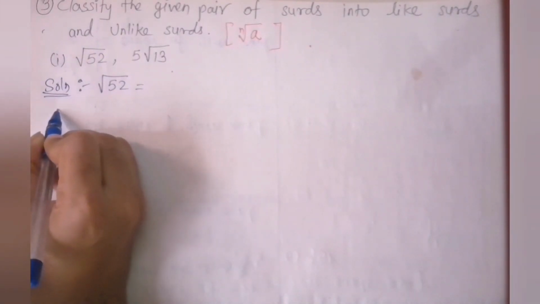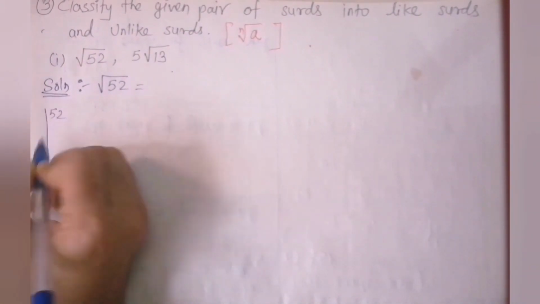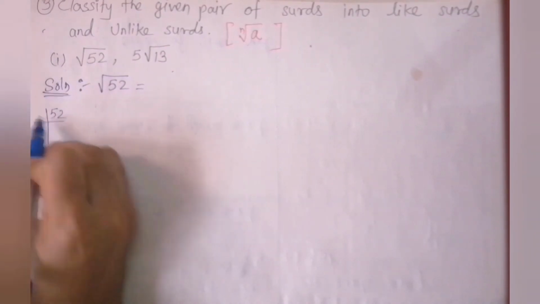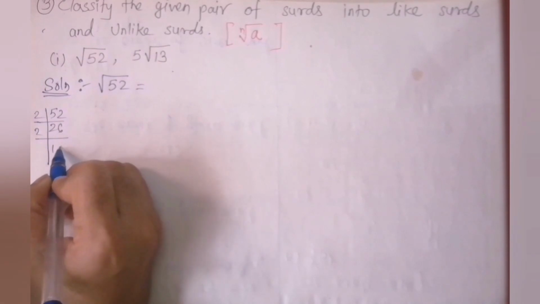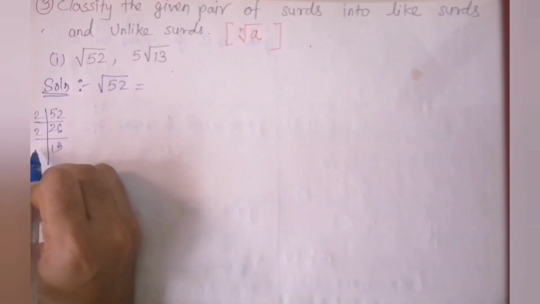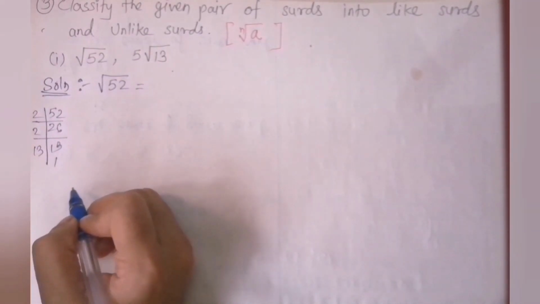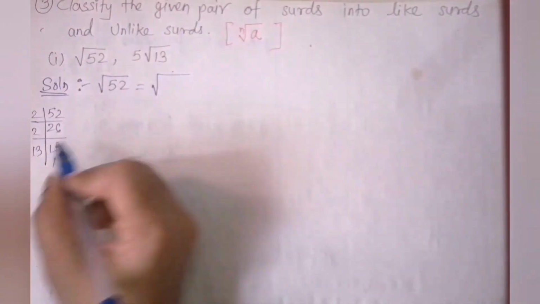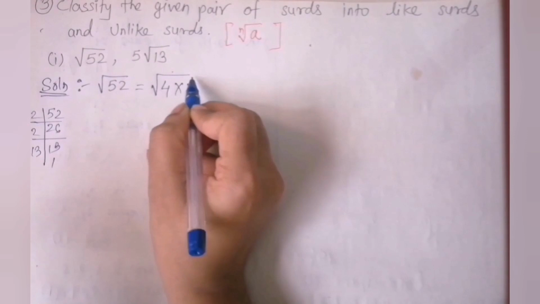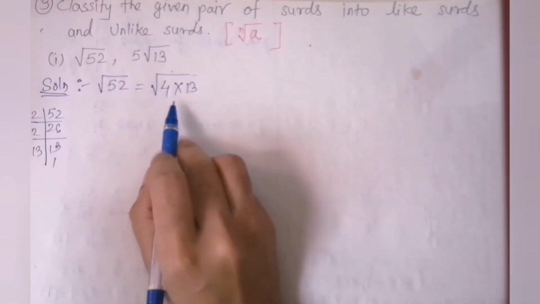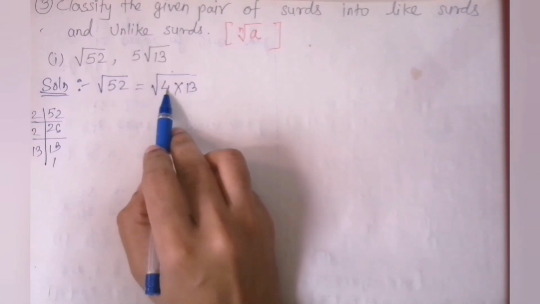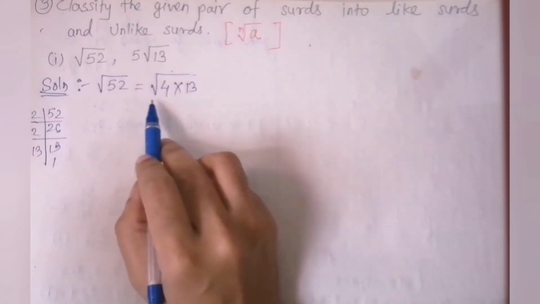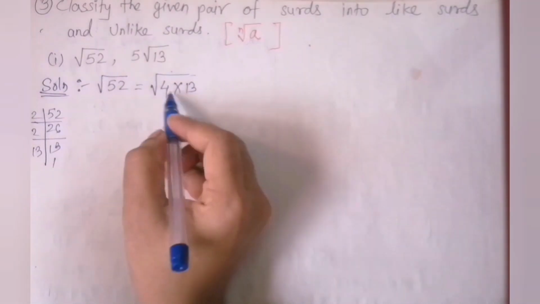This is rough work for your understanding. 2 2s are 4, 2 26s are 52, 2 1s are 2, 2 3s are 6. After that 13 1s are 13. So 2 2s are 4, write down here, and 13 write down as it is. Why can I write down 4? Because we know that the square root of 4 is 2. So this 4 taken outside, we get 2.